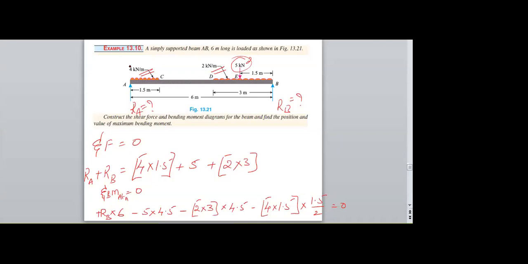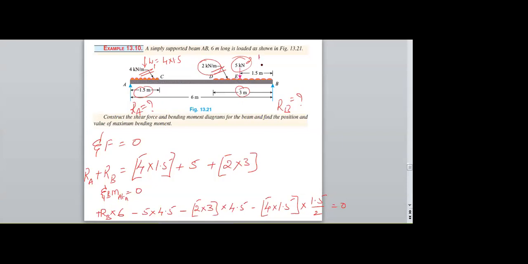So this UDL needs to be converted into a point load. So 4, and its distance is 1.5. The UDL acting distance is 1.5. So that is one converted point load. And next, 2 kilonewtons per meter and its distance is 3 meters.